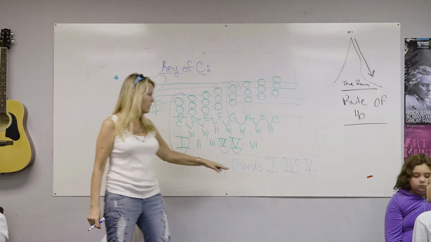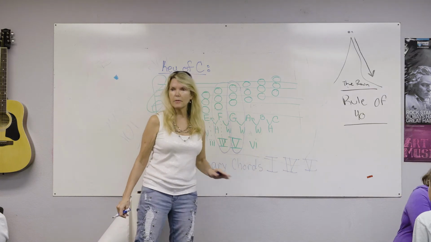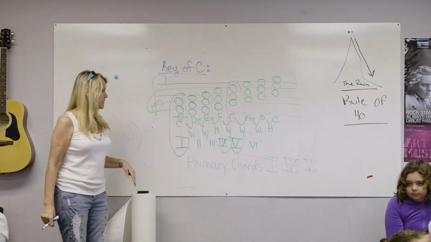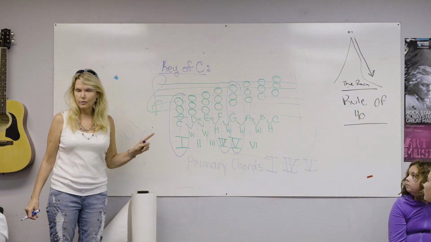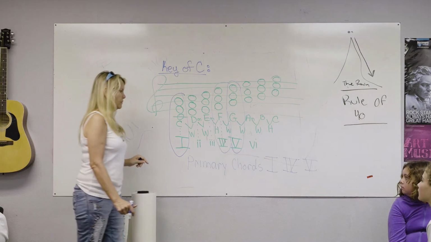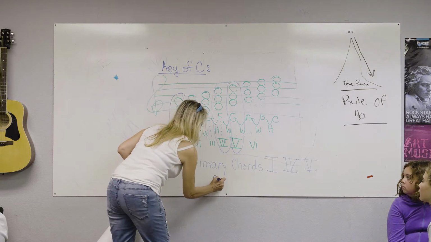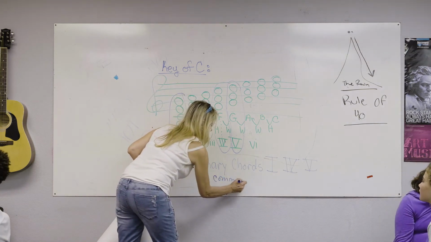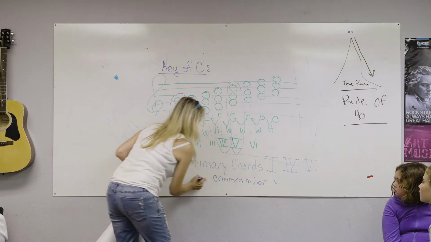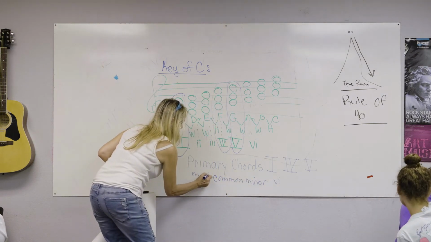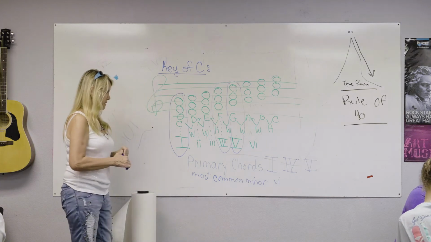But you pretty much are going to have 1, 4, and 5 no matter what key you're in. And then the most common minor is 6. So write that underneath. Most common minor is 6.